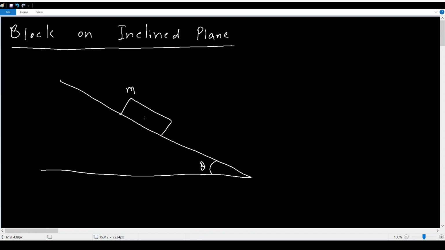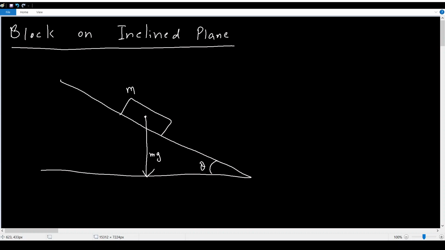So we consider the various forces on this block. First of all, there's of course the force due to gravity, mg.